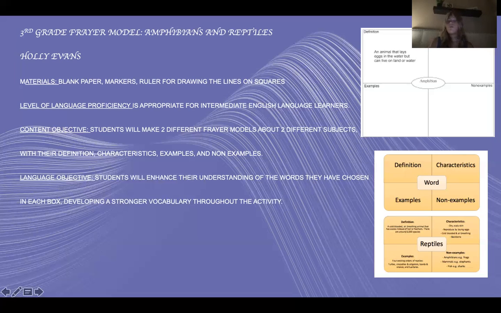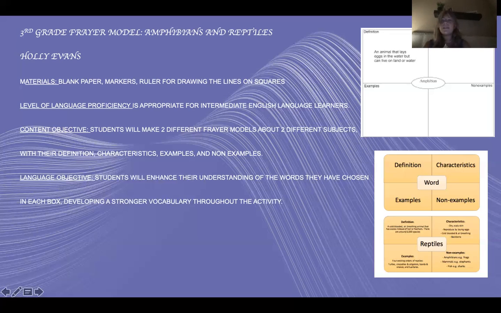Okay, so once y'all have that written down, I want y'all to write the definition, which is going to be a cold-blooded, air-breathing animal that has scales instead of hair or feathers. That is the definition of a reptile.